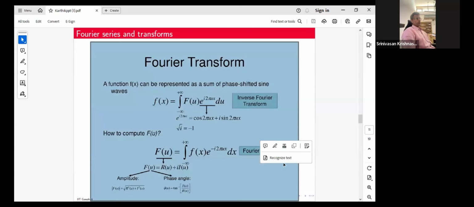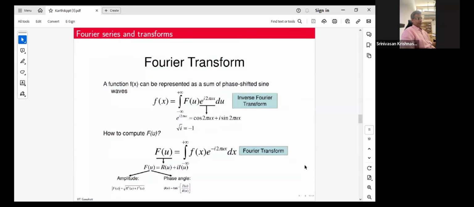So for every sine wave, I'll see what the response is, the magnification as well as the phase shift, and I'll plot this on a graph. So this graph is like the frequency response of the system. The frequency response of the system is like the Fourier transform of the impulse response of the system. We've already seen what an impulse response is.